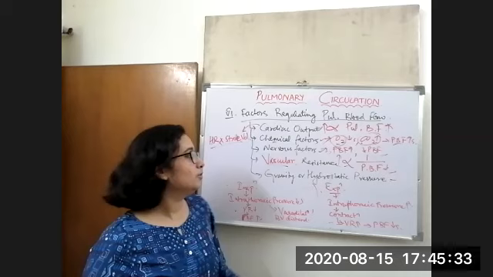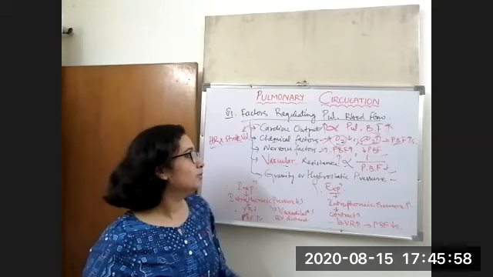The arterial pressure is equal to the capillary pressure. That is, the blood flowing to the capillaries and the pressure exerted by the blood already present in the capillary is equal.